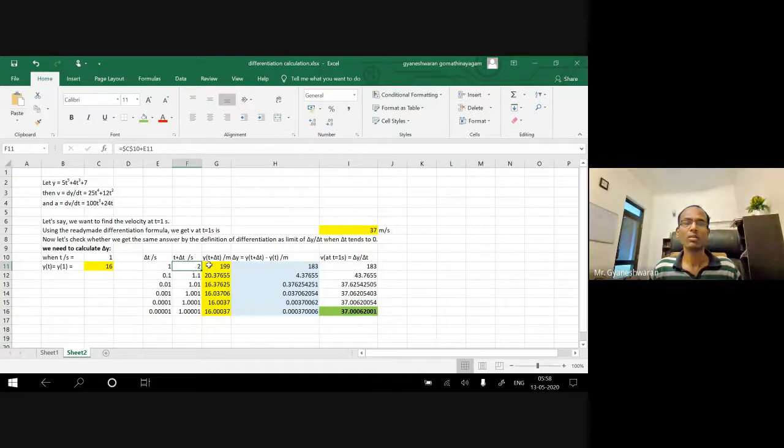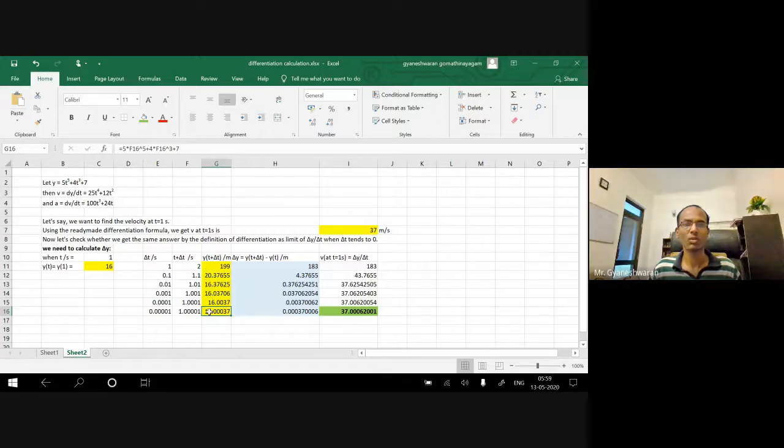Then I want to find the new displacement. The old displacement was 16 at t equal to 1 second. So the new displacement after t plus delta t seconds is obtained here. I'm using the same formula, but now with the time value as t plus delta t. So F11, in the next cell it will be F12, then F13, F14, F15, F16, and so on.